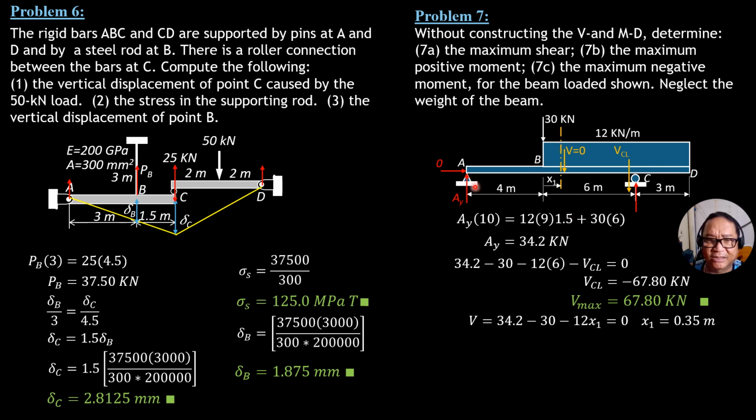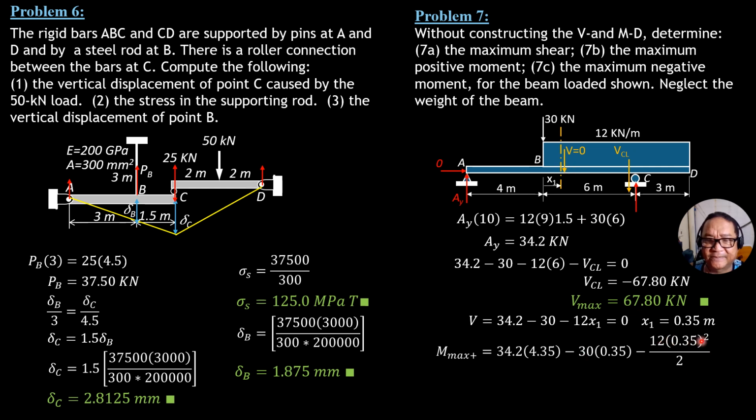So it is equal to AY times 4 plus X1, the moment arm, then minus 30 times X1, minus 12 times X1 times X1 over 2. So as a result, maximum positive moment is equal to 34.2 times 4.35 minus 30 times 0.35 minus 12 times 0.35 square over 2.